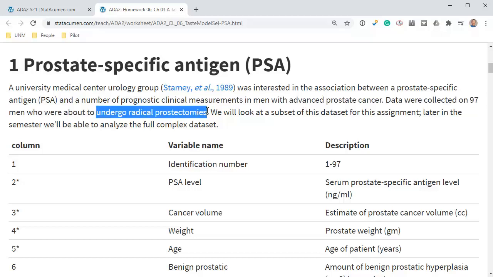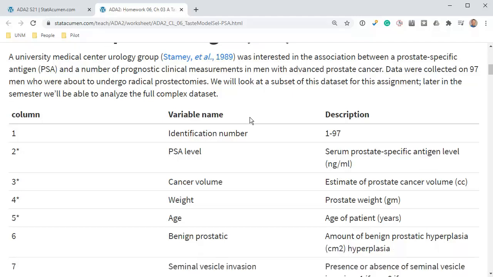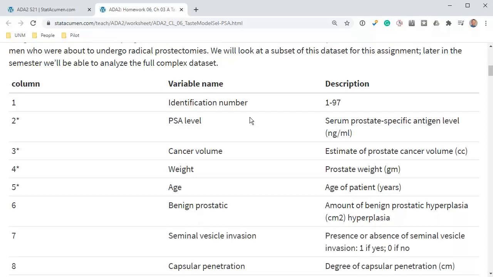These men are probably fairly far along, and also men who are actually going to get their prostate removed. So this group of men is different than the global population of men. So these relationships may not hold more generally over all men. That's something to be thinking about for the very last question.